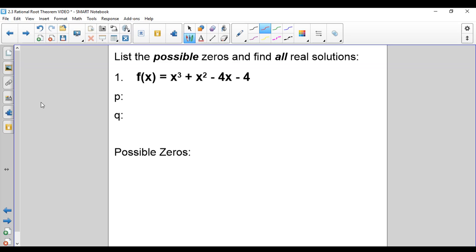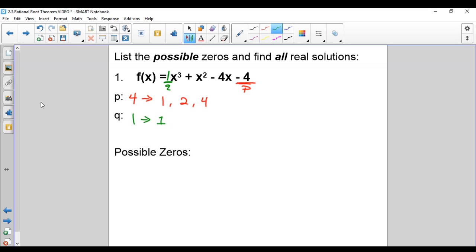So my P is the last number. My P is 4. All I care about is that it's positive. I just want to know what the number is. The factors of 4 are 1, 2, and 4. I list those to help me out. Q is your first number. It's just 1. We got 1, factors of 1, guess what? 1.